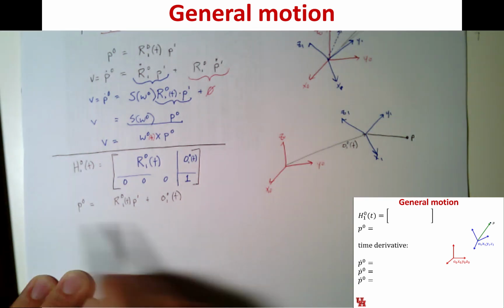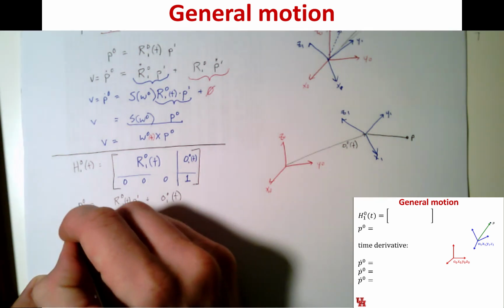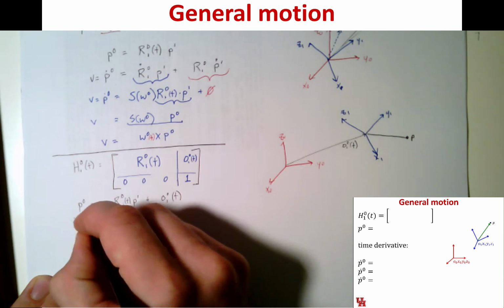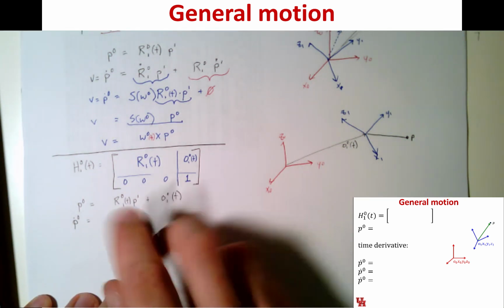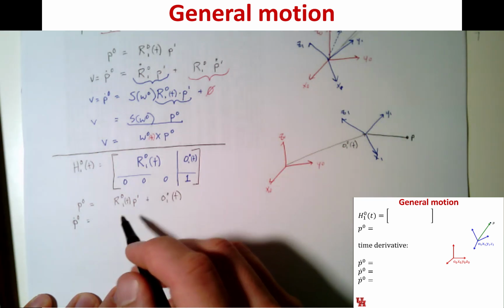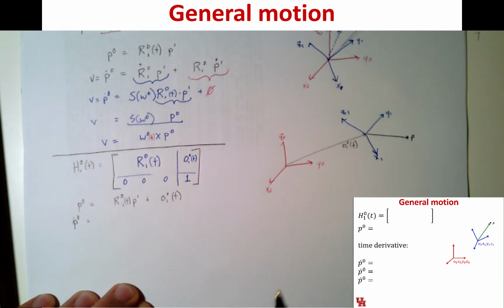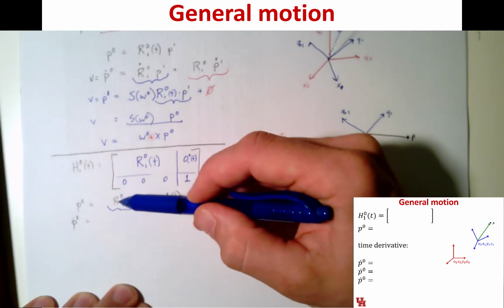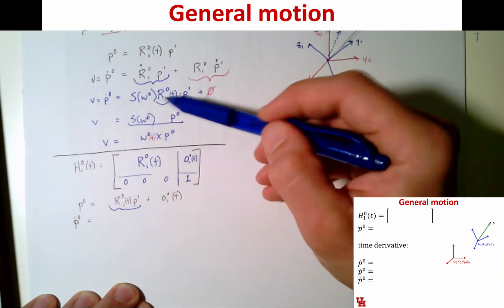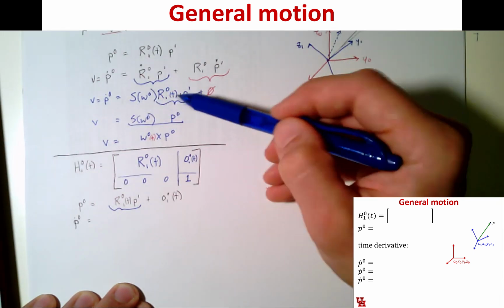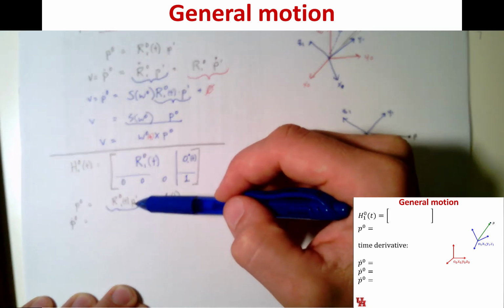Now, if I want to take the time derivative of this quantity, I take p dot 0. It's equal to, well, I've got two terms in here. We've already solved this term from the previous step. And so rather than write it out again, I know that the time derivative of a rotation matrix is going to be a skew-symmetric matrix times that rotation matrix at that time, and then I'll multiply that by P1.